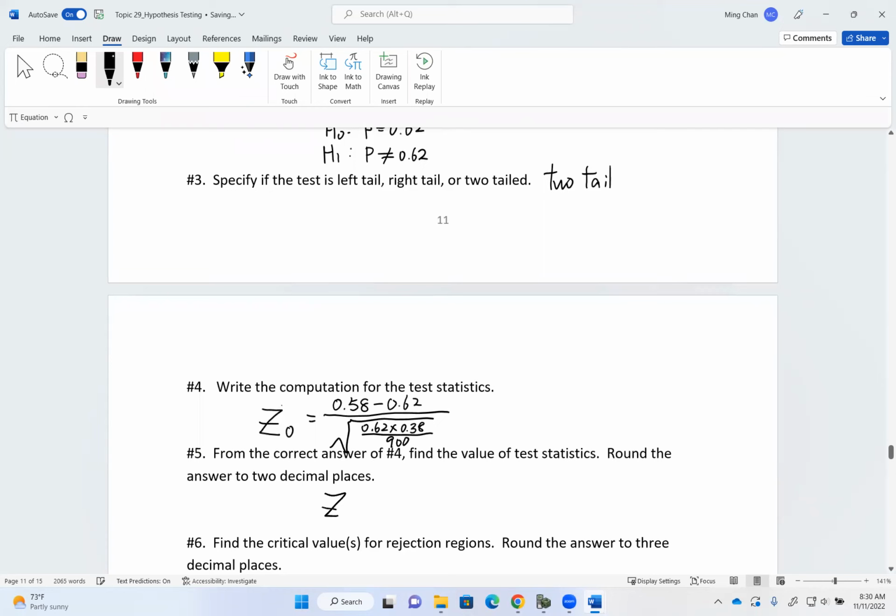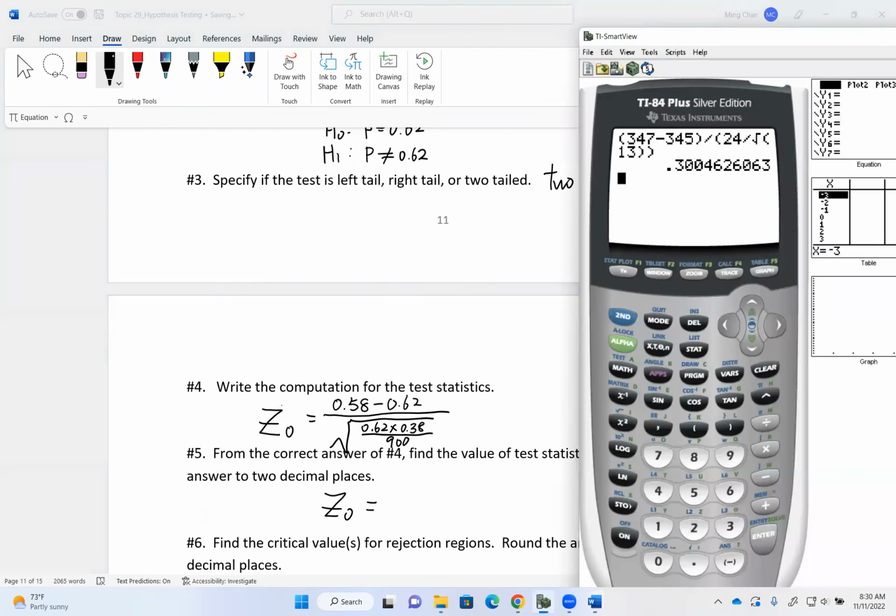So then let's see what this test statistic is. I'm going to put the top in parentheses. The whole bottom is a square root. I'm not going to use an extra parenthesis here because all the operation is together.